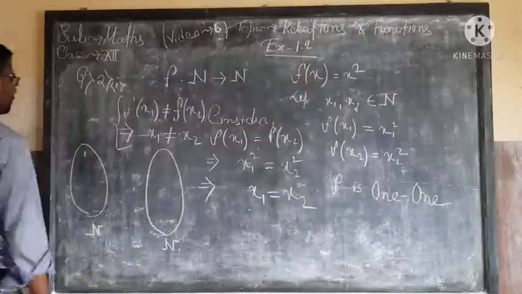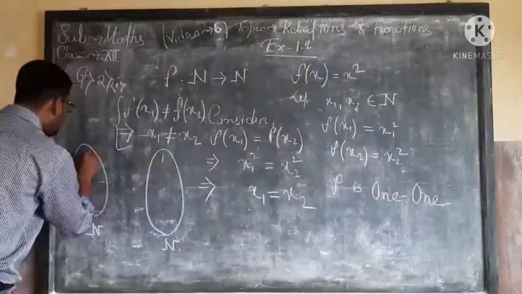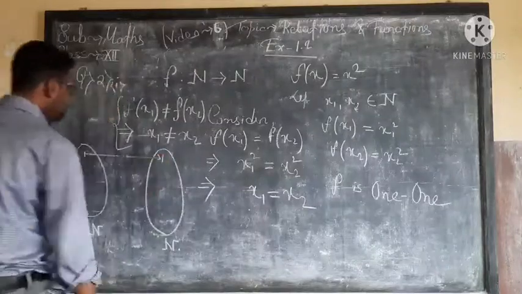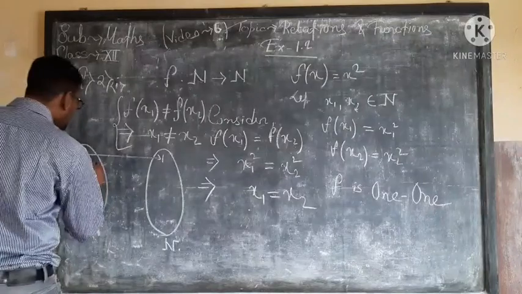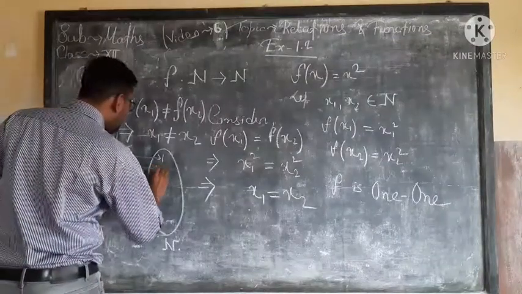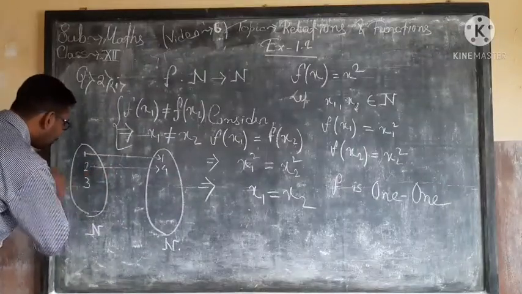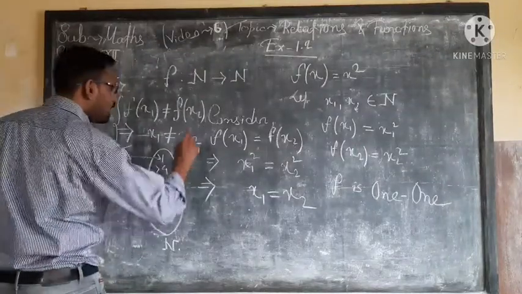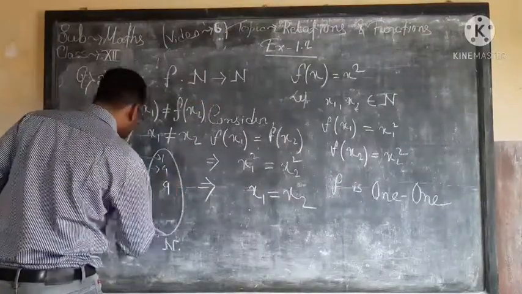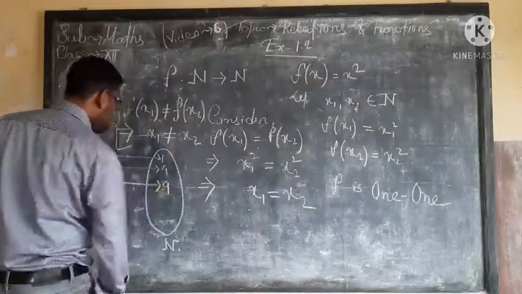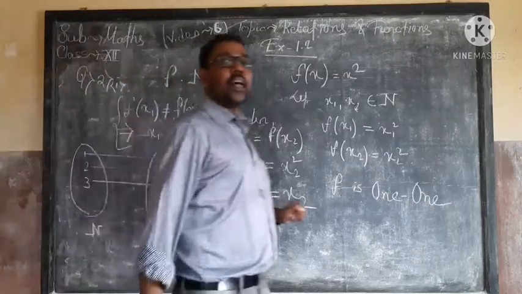If you consider 1 and put the value in place of x, it produces 1. That means this 1 is connected with this one. After that, if you put the value 2, it connects with the value 4. In this manner, if you consider x equal to 3, it connects with 9.